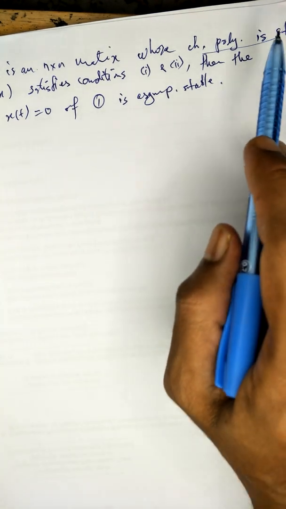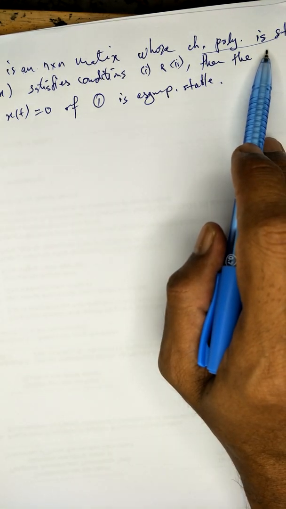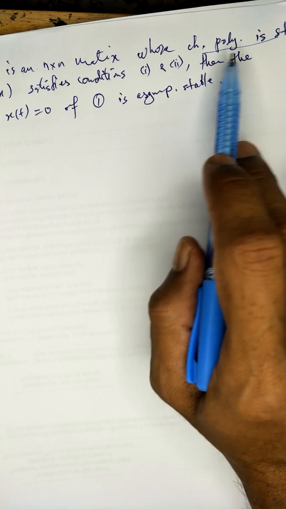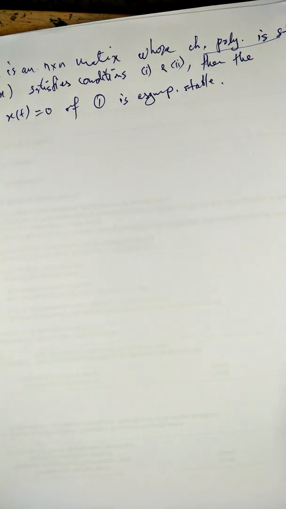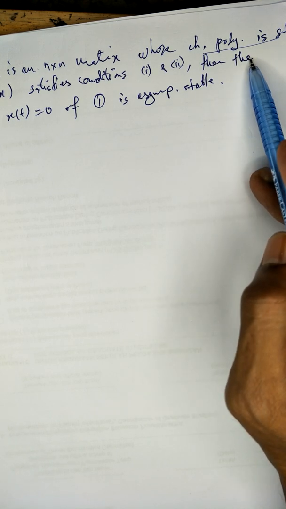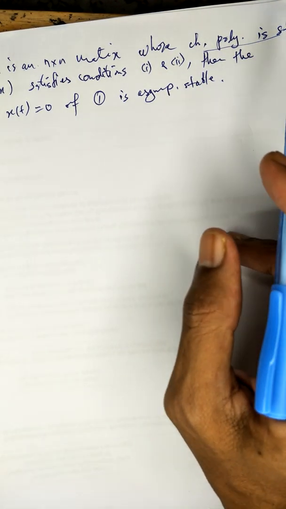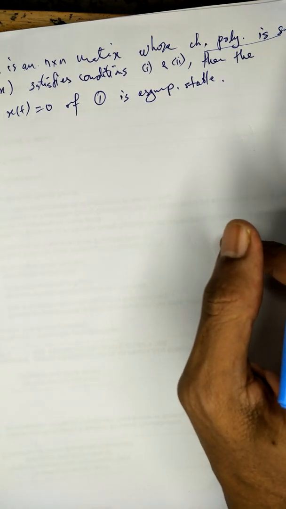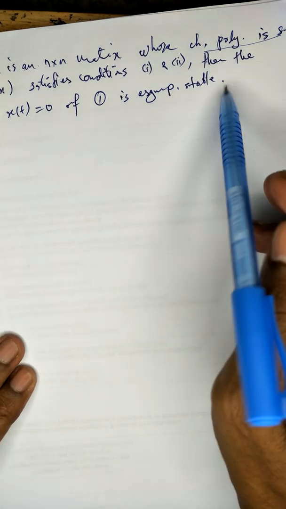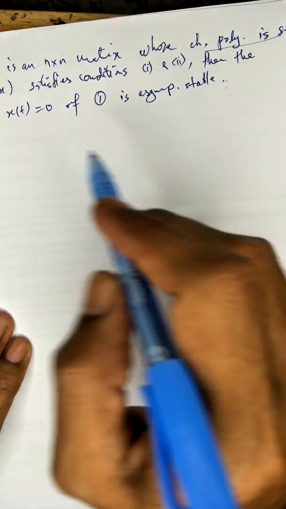What does it mean? Consider the linear system x dot equals Ax, with the fundamental matrix phi. By hypothesis, because of the stability of that system, there exists some number such that the norm of phi is less than that number.